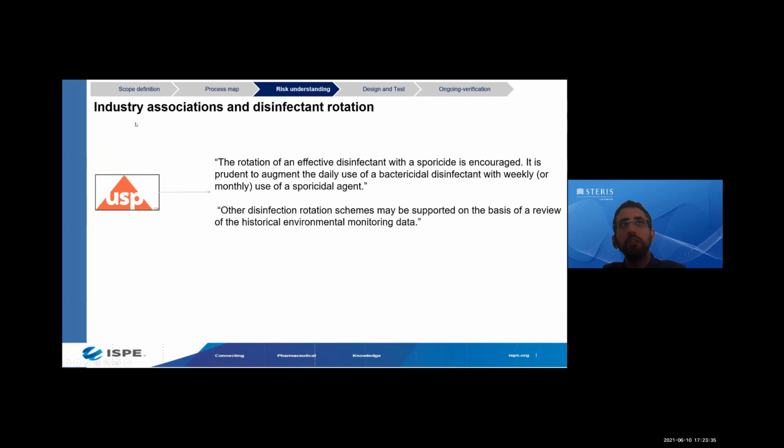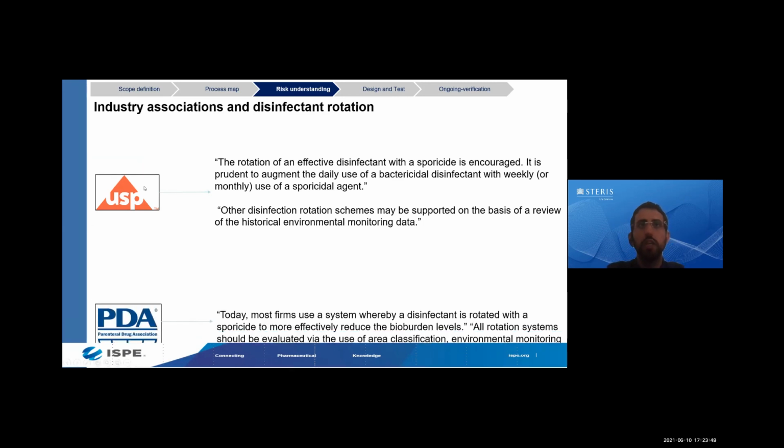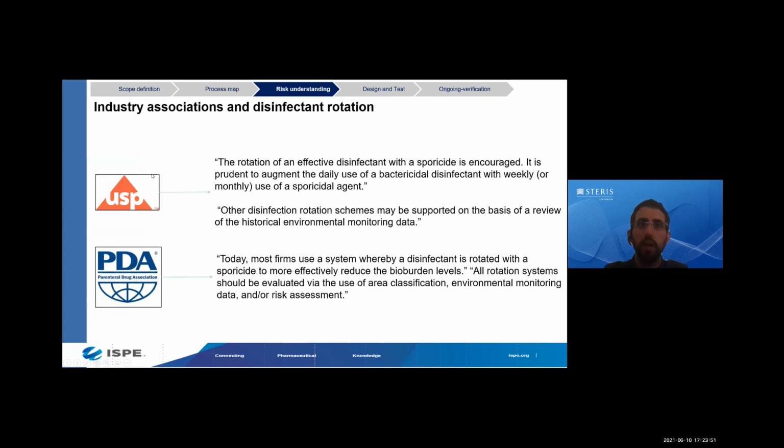If we look at the industry associations, the USP is really effective on that. So 1 disinfectant with a sporicide is enough. However, there are other rotation schemes that may be supported, as we just discussed. And the PDA goes also along the same line.